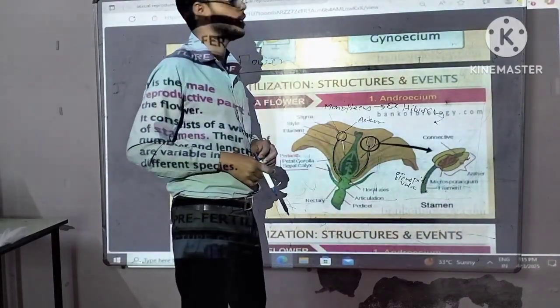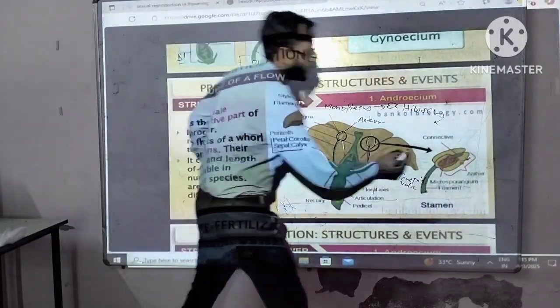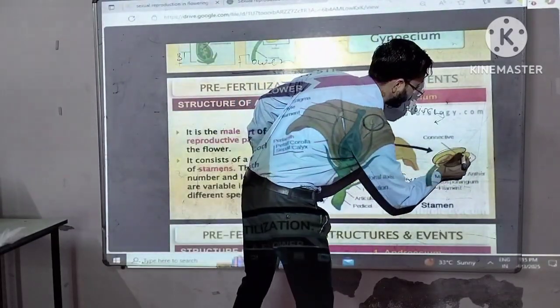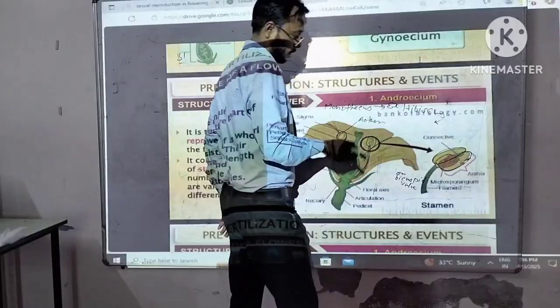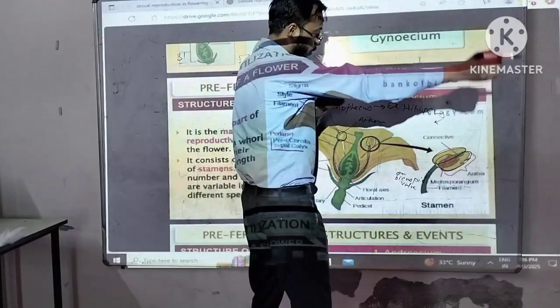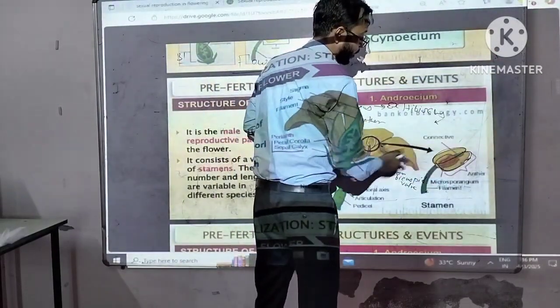Why? Because the anther is bilobed. You can see this is a bilobed anther, so it is known as dithecous.